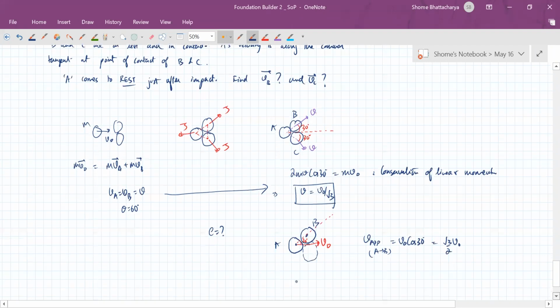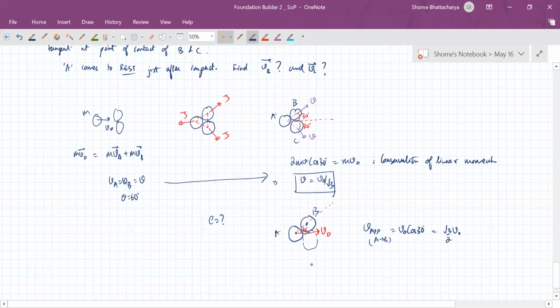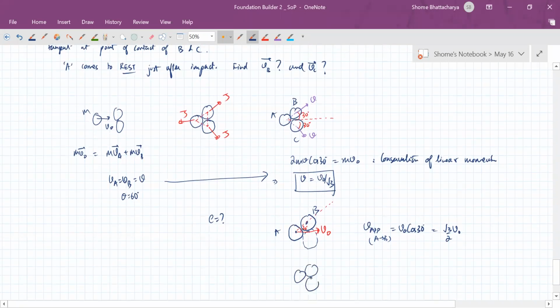And the separation velocity is nothing but this speed that B directly has away from A's center, directly along the center to center line. So the separation velocity of B with respect to A is going to be V, which we just saw is V naught by root 3. So from this and this, now we can see that the coefficient of restitution, which is this ratio, will become 2 by 3. E is equal to 2 by 3.